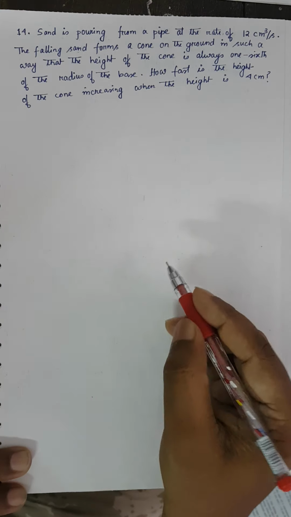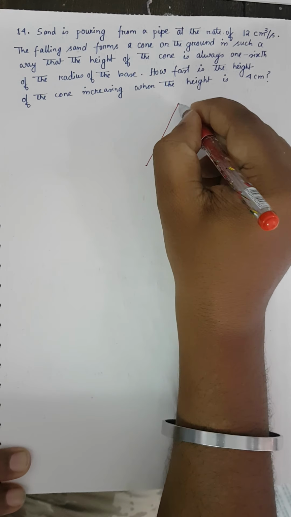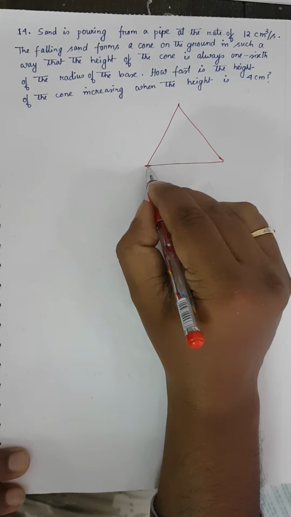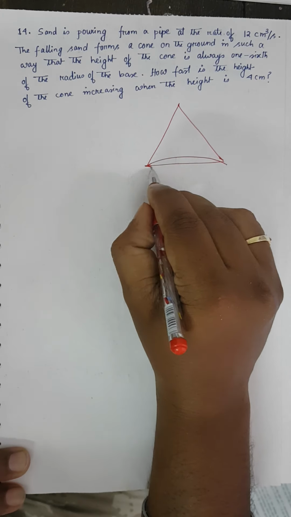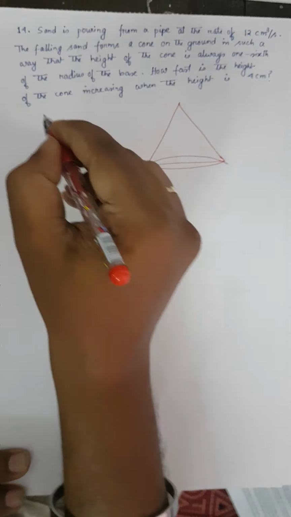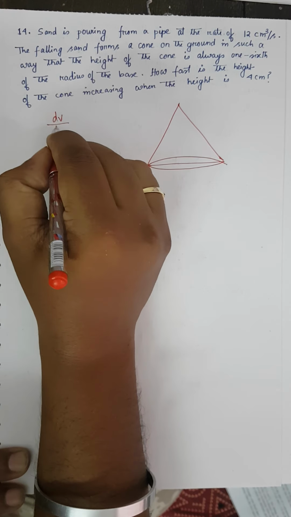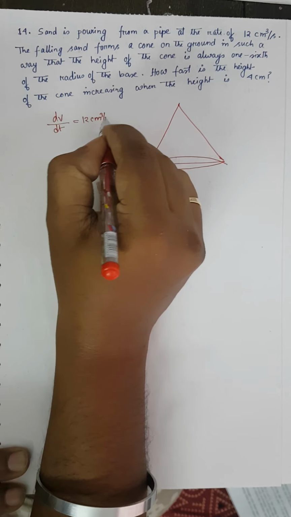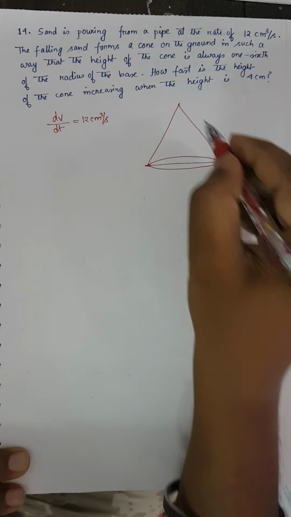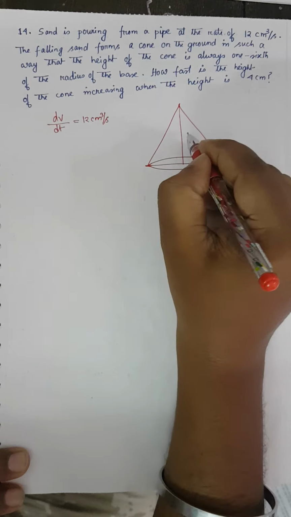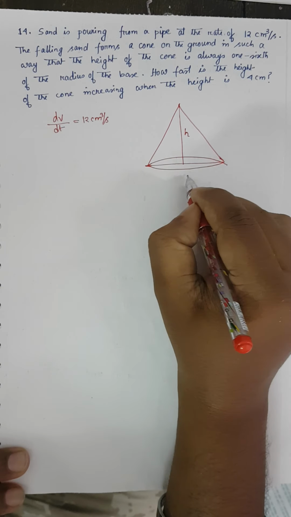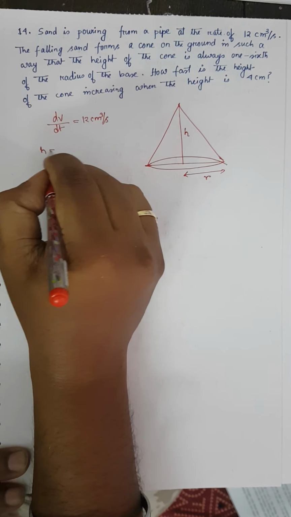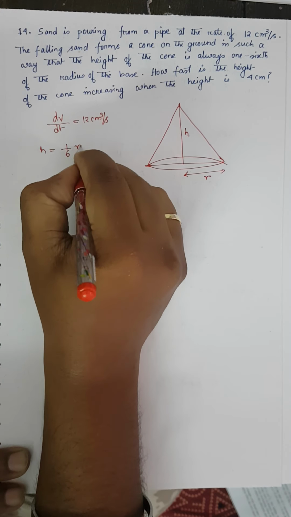Now we are given that this is your cone that is formed by the falling sand. The volume of the cone is increasing at the rate of 12 centimeter cube per second. You are also given that the height of the cone is always 1/6 of its radius, that is h is equal to 1/6 of r.